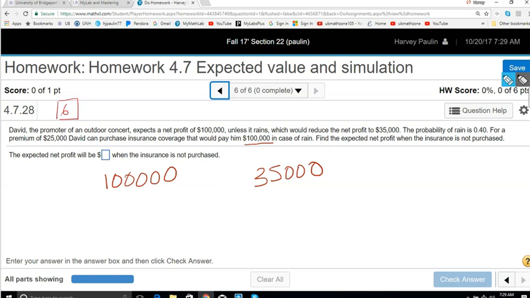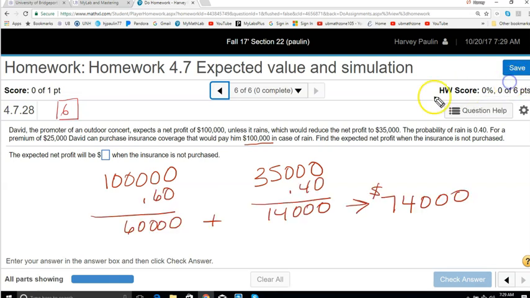So again, you're going to need to do some thinking about this, and I'll set it up here too to see how you did. So once again, this is expected net profit. Well, if the probability of rain is 40%, the probability of not rain, the complement, is 60%.